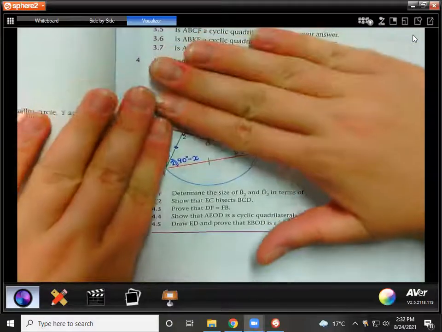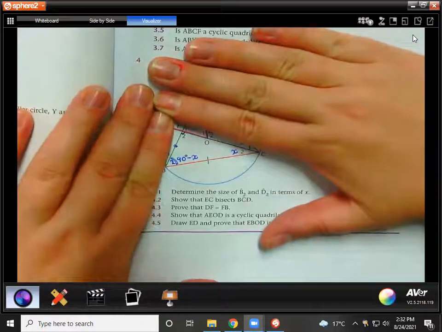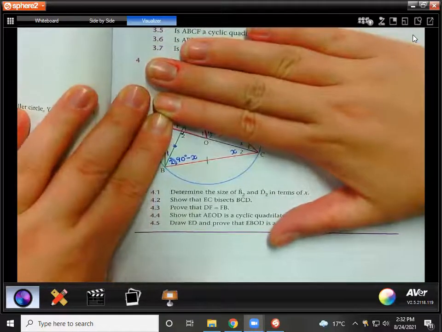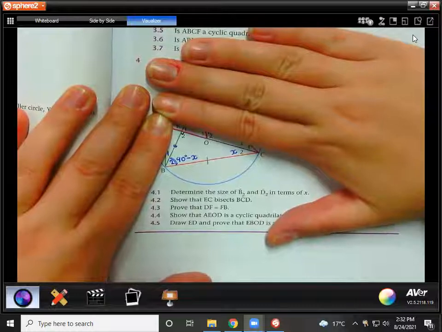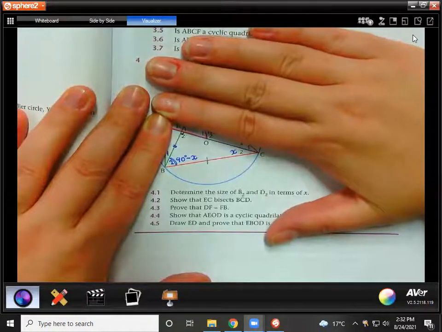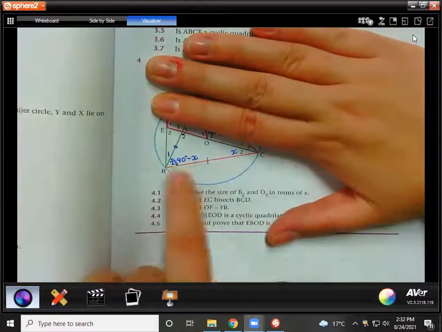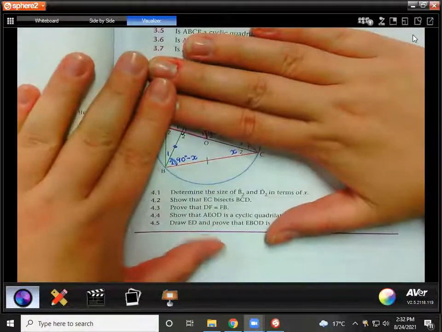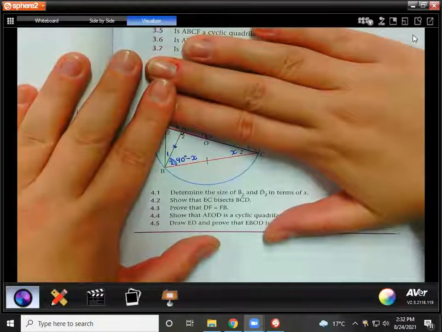Now, if we just look at that triangle there, F2 is an angle in that triangle, and do we have the other two angles? Yes, all right, so to get F2, we're just going to say 180 minus x minus 90 minus x, and we will actually get 90 degrees.